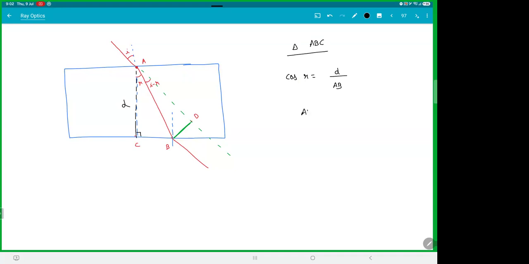So from here I got AB is equal to D sec R. Then when you take the triangle ABD, sine of I minus R will be BD by AB. But AB is nothing but, that's your lateral shift, D sec R sine I minus R.